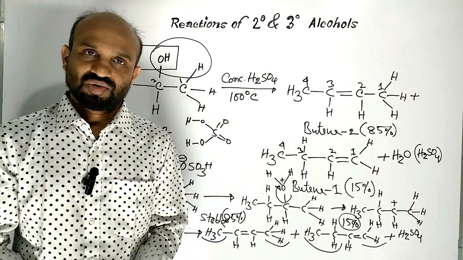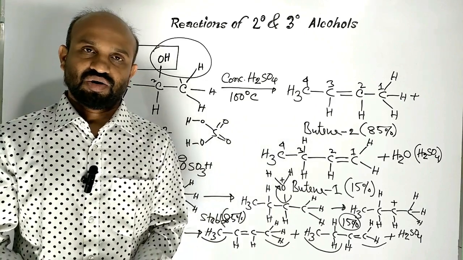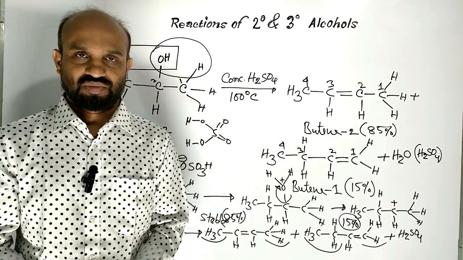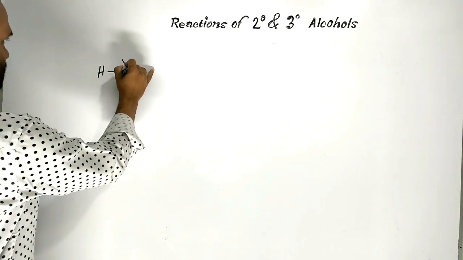Reactions of 2-degree alcohol with concentrated sulfuric acid. Now let us see reaction of 3-degree alcohol with concentrated sulfuric acid. 3-degree alcohol.